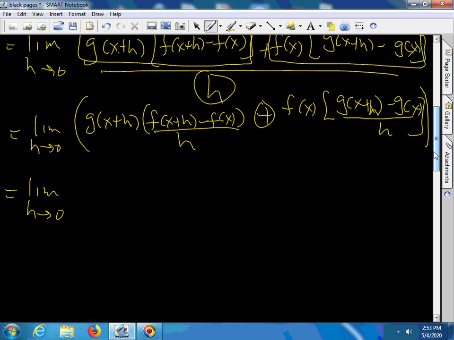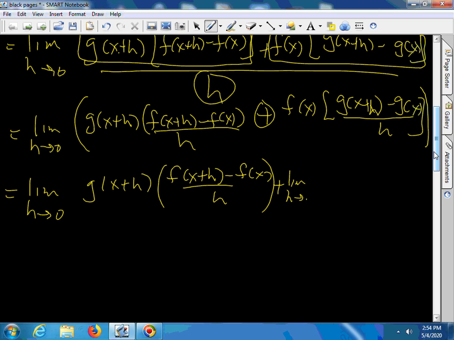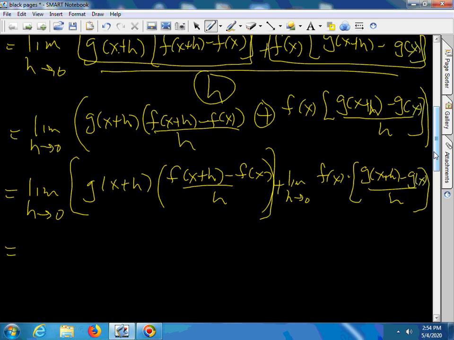The limit as h goes to 0 of g of x plus h times f of x plus h minus f of x over h, plus the limit as h goes to 0 of f of x times g of x plus h minus g of x over h. Now, for each of these two limits, there's a product.